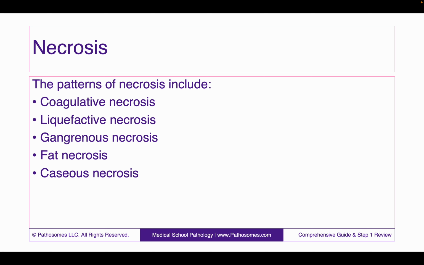Gangrenous necrosis, perhaps due to an infection like we saw with that image of the foot earlier on. Fat necrosis, like a traumatic accident that impacts the breast. Or caseous necrosis. Again, TB. We'll talk about these more in detail. And actually, with that coagulative necrosis, we'll touch back on that as well.